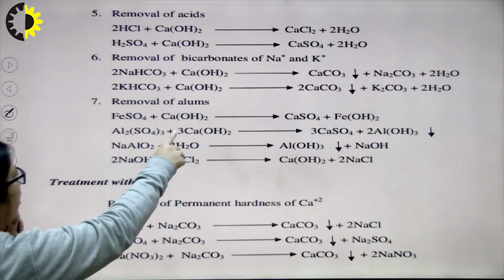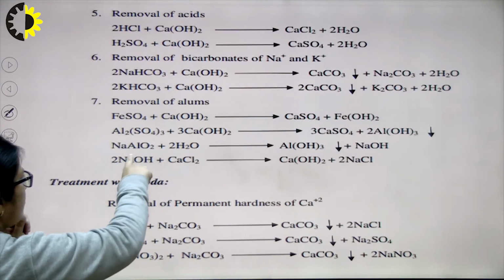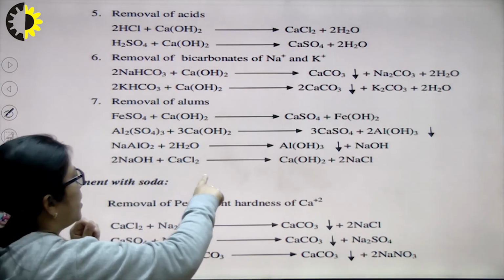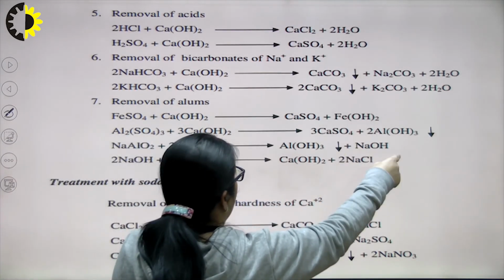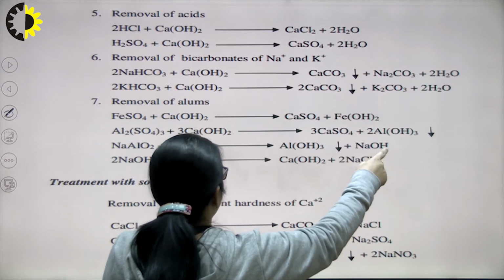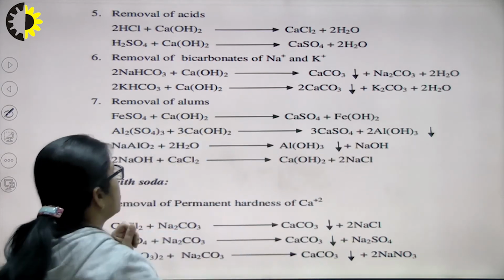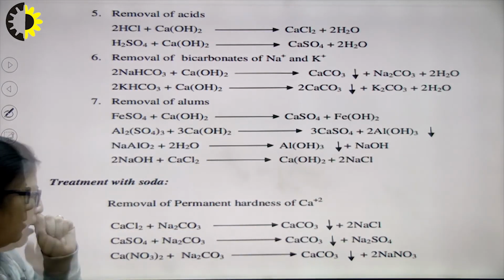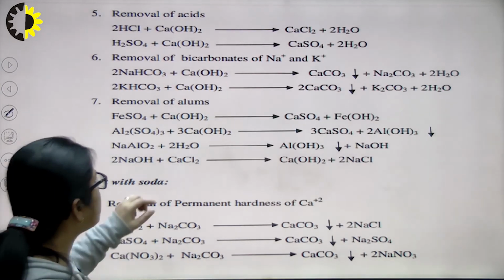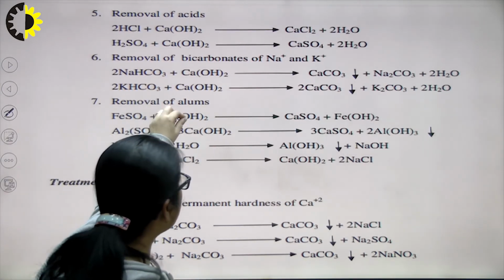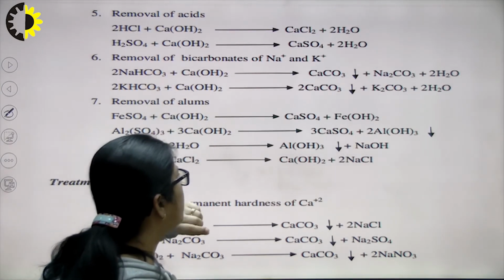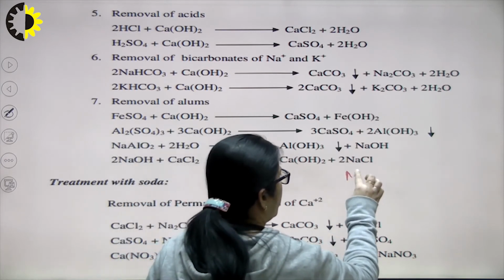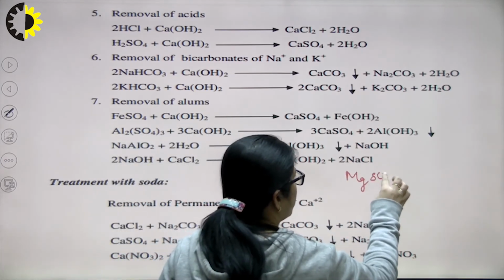For aluminium sulfate, you require 3. From sodium aluminate, you can see it is producing NaOH. Now, this NaOH functions similarly as calcium hydroxide. That means, suppose in my water magnesium sulfate is present.